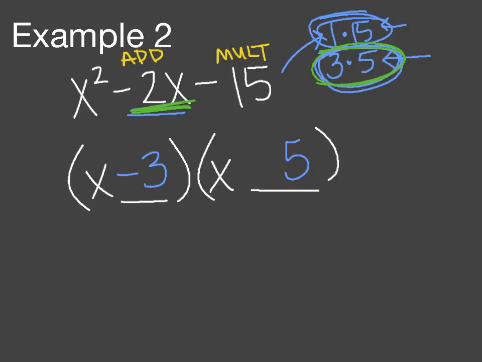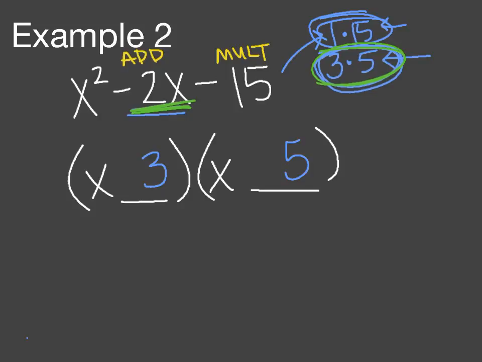Let's try a -3 with a +5. Will -3 plus a +5 add up to be -2? No, if you type that in your calculator, it actually makes a +2. So let's try switching our signs.